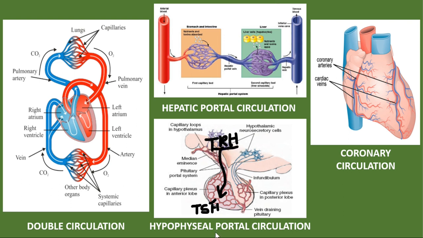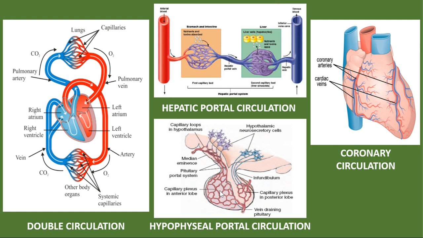So that blood vessel is known as the hypophyseal portal vein, which is collecting the blood from the hypothalamus, and then that blood is given to the pituitary. And this way the hormones received by the pituitary gland stimulate the pituitary gland, and after the stimulation, the pituitary finally releases its hormones.